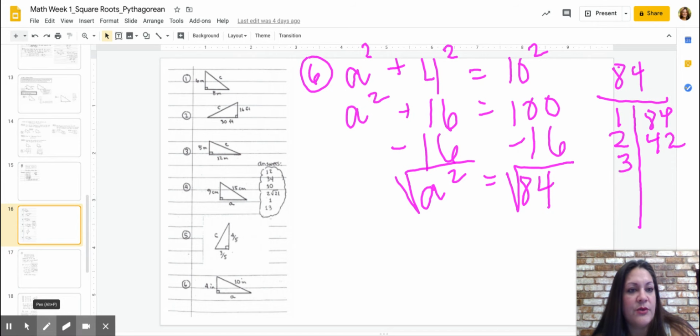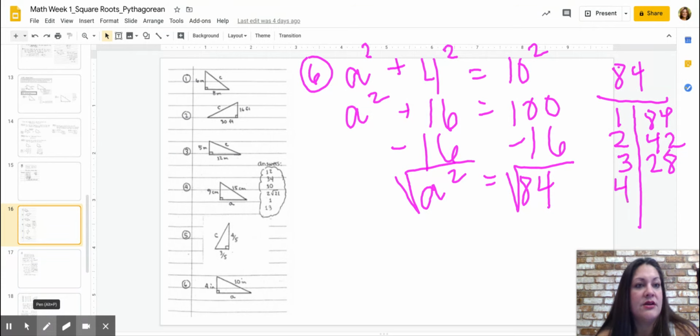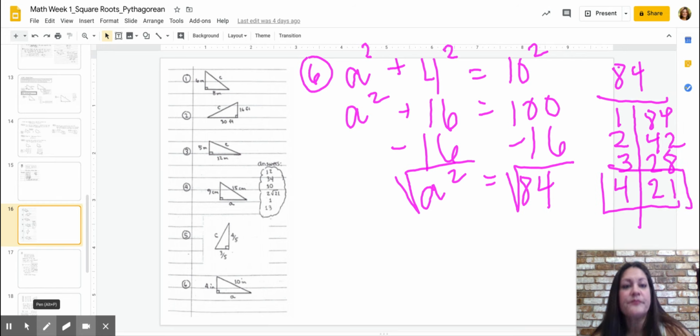So 3 goes into 84 twenty-eight times. Okay, 4 goes in there 21 times. So 4 is going to be our largest perfect square.